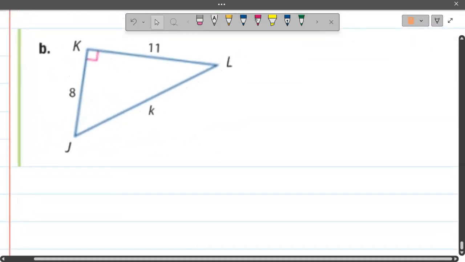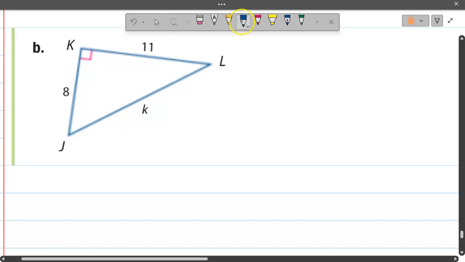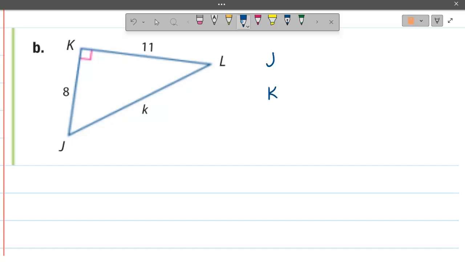All right, let's take a look at B. It's a little bit different. We know that we need angle J, K, and L. We need little j, little k, and little l. We know that angle K is 90. It's marked.